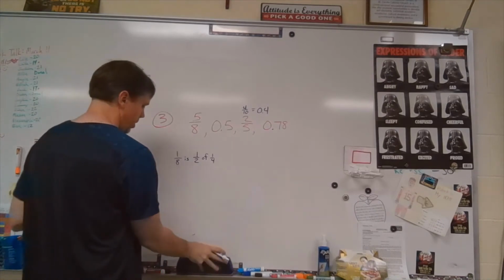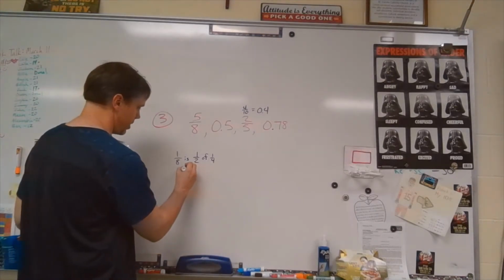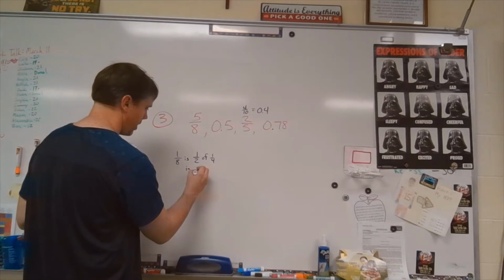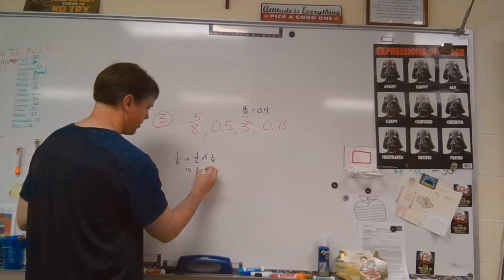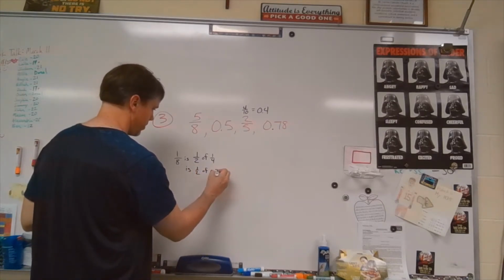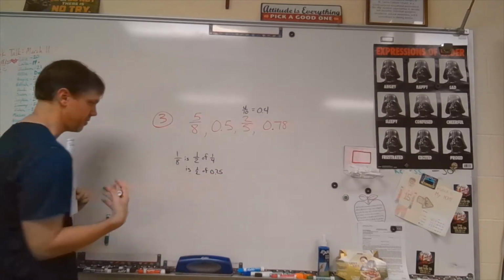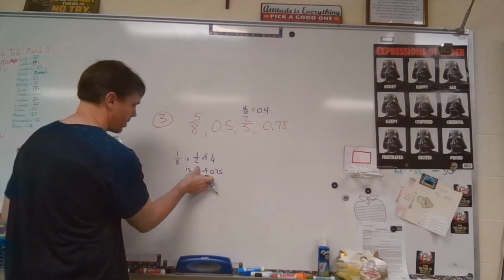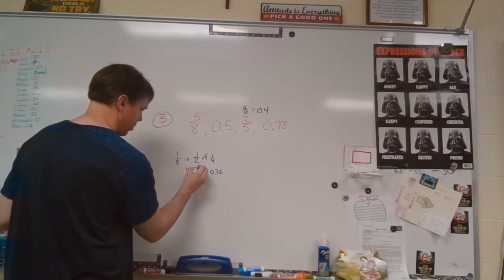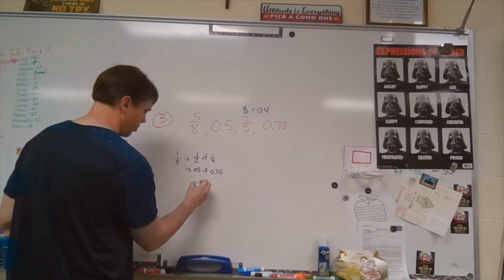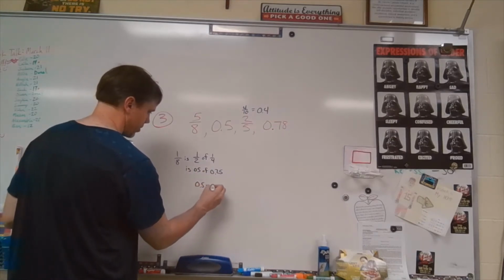Okay, now that means that it is 1/2 of 0.25. So we need to cut 0.25 in half, right? Or we could say that it is 0.5 of that, so we can go 0.5 times 0.25.